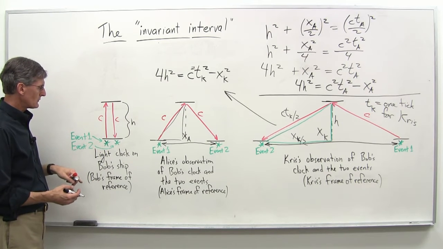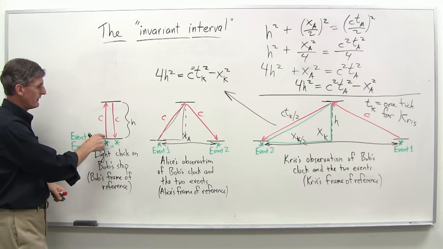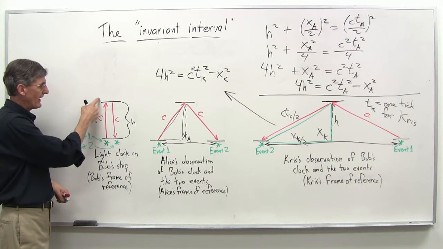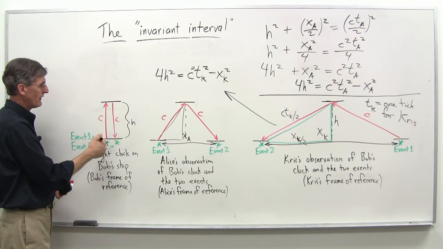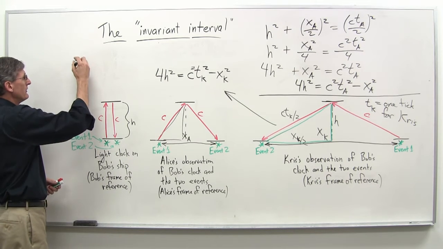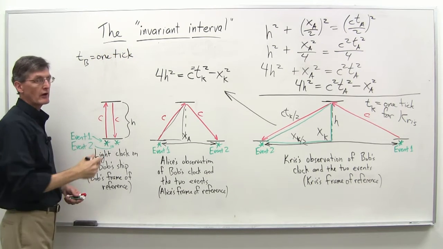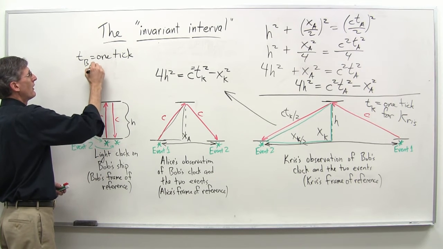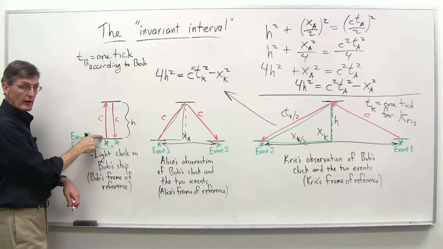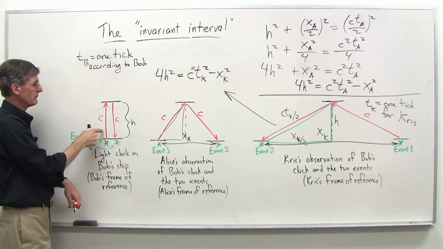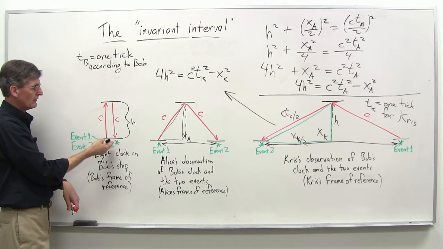For Bob, what would he have here? Well, he has the up trip and down trip. Okay, so it's h up and h down, right? So that's 2h. So we know that light travels, for him we'll say t_b equals 1 tick on his clock according to Bob. The time to go up is therefore half of t_b, so the distance is c times t_b times half of that.